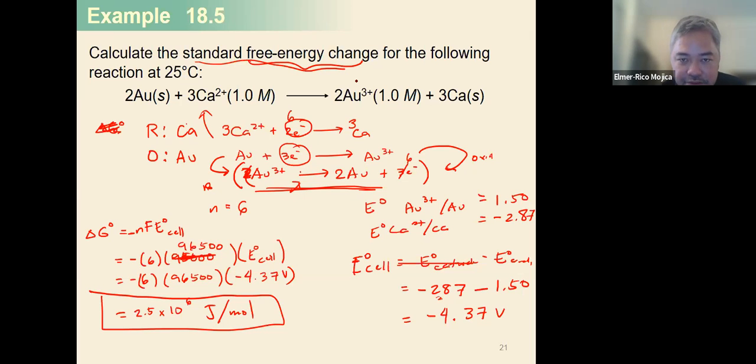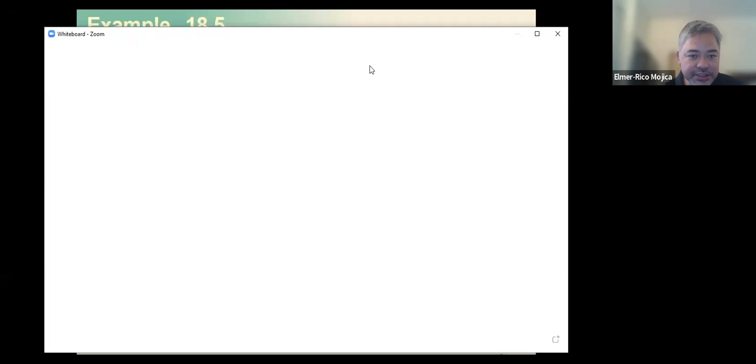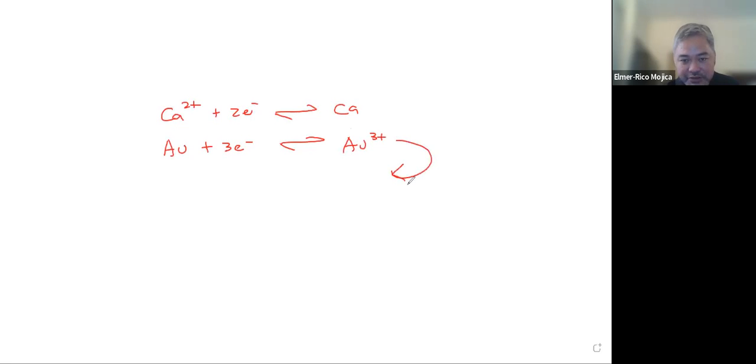Okay, I'm not sure if you see it. So initially we have what? Calcium, right? And then initially what I wrote there is Au plus 3 electrons like that, but that should not be the case because this is the one that undergoes oxidation. So I transform it to this.